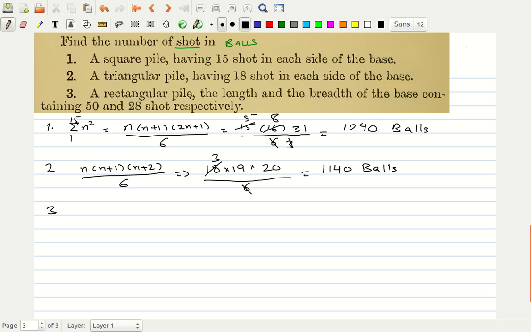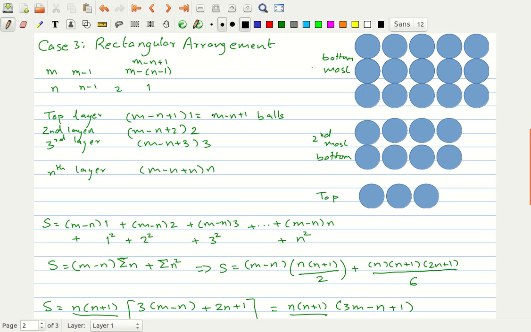A rectangular pile, the length and breadth of the base is 50 shots and 28 shots. We have already seen the case of rectangle also. This will be n times n plus 1 times 3m minus n plus 1, where m is the number of balls in a row and n is the number of balls in a column.